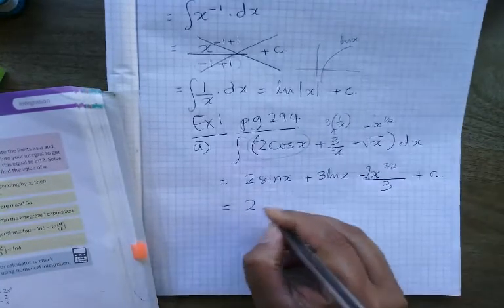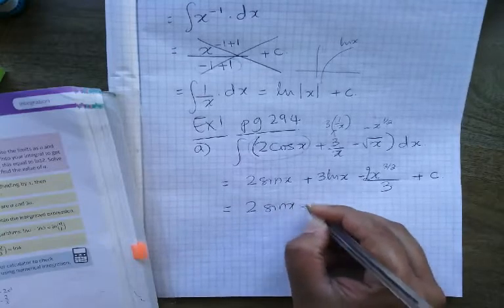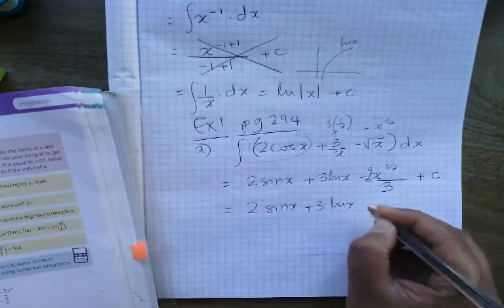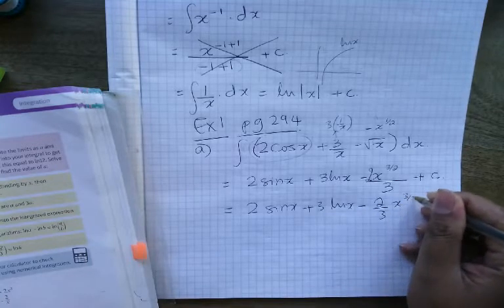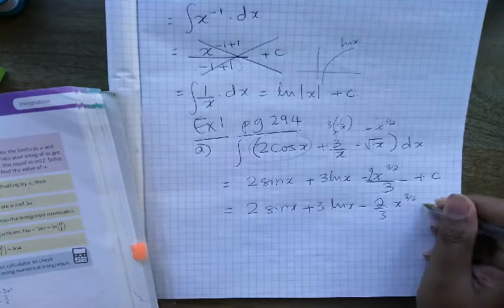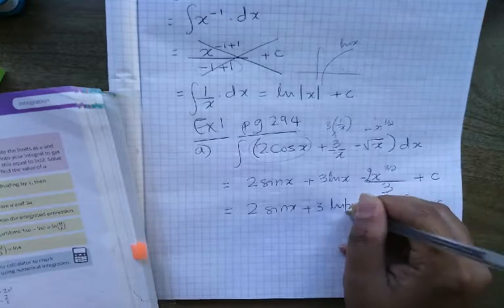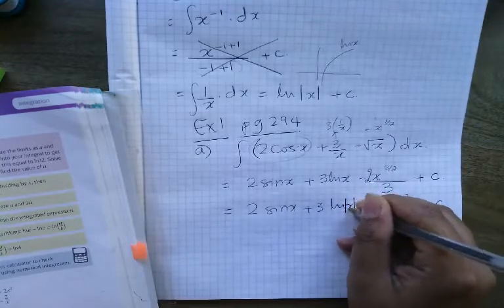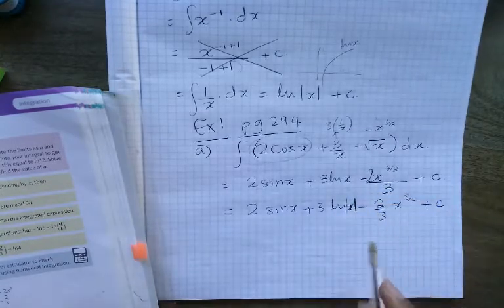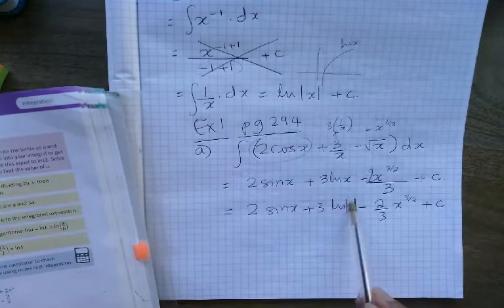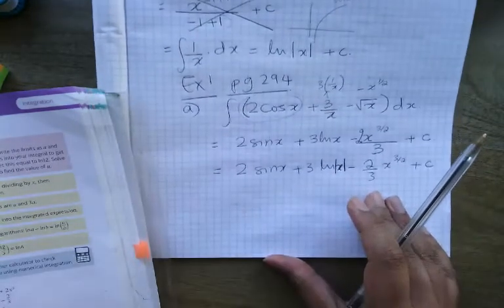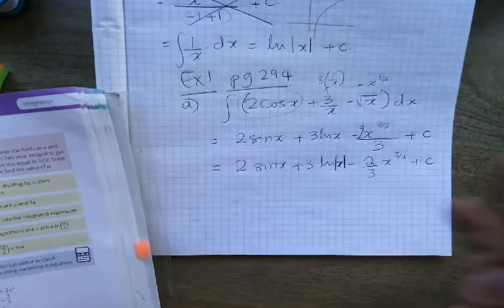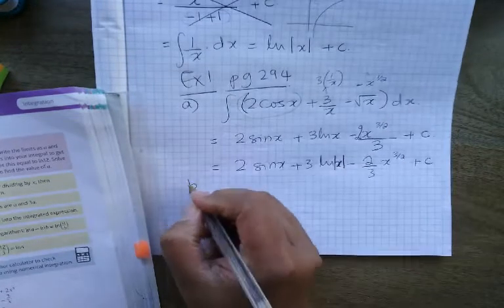So final answer, 2 sine x plus 3 ln x minus 2 over 3 x to the power 3 over 2 plus c. And the ln x, you've got to put it in modulus, and the reason for that is that you can't take a natural log of a negative number, okay.